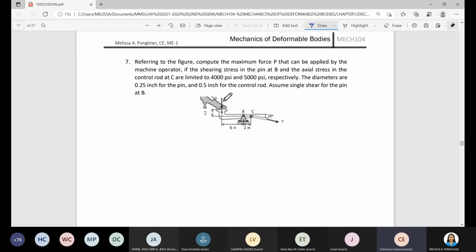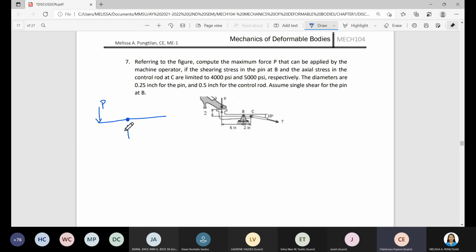So, para mas mapadali yung pag-intindi natin dito sa problem, we will try to draw the free body diagram. It's medyo complex pag tinitignan lang natin itong illustration dito. So, we have a force P coming from the machine operator. We have support at B. That's pin support.